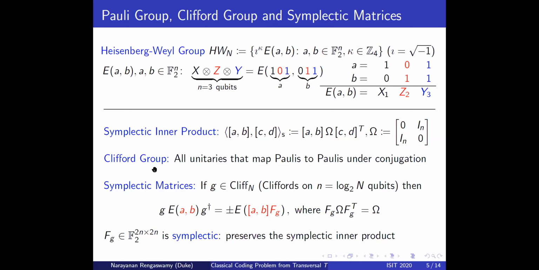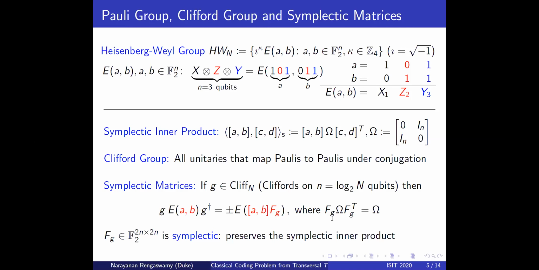The Clifford group is defined as the normalizer of the Pauli group in the unitary group, which means by conjugation, it maps Paulis to Paulis. Now, to be more precise, if you take any Clifford G on n qubits, and you conjugate any Pauli matrix by G, where G dagger is just the Hermitian transpose, which is also the inverse because G is unitary, the result is, up to some plus or minus sign, a Pauli matrix that is described by a symplectic transform on the binary vector.